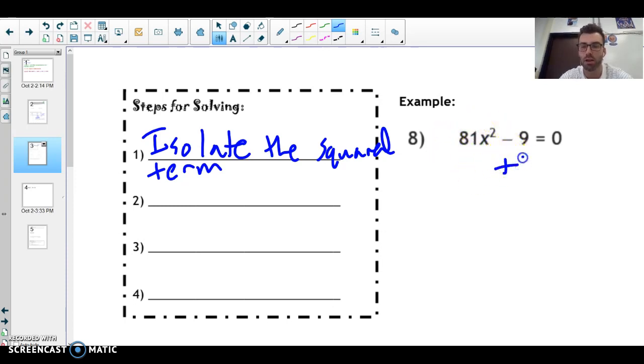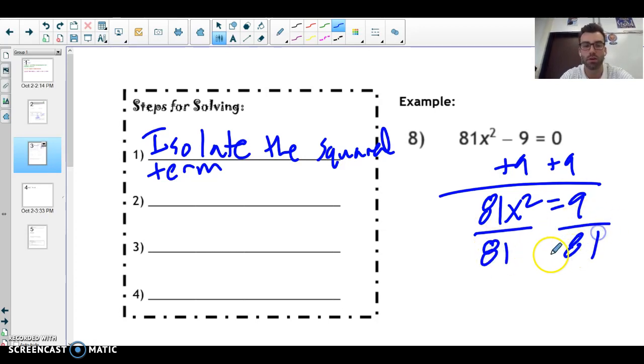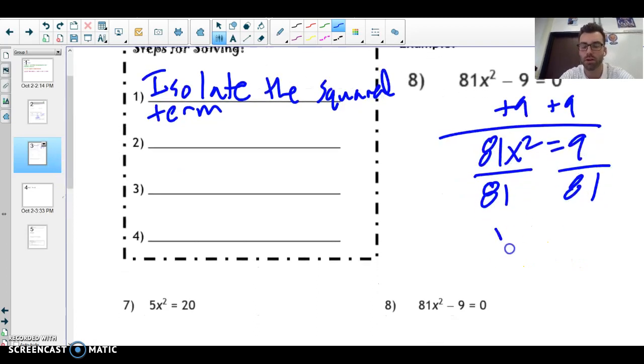To isolate that, I'm just going to add 9 to both sides. So I have 81x squared equals 9. Next thing I want to do is I still want to get this squared by itself, so I'm going to have to divide by 81. Remember always to reduce, reuse, recycle. So I can see that x squared equals 1 over 9.